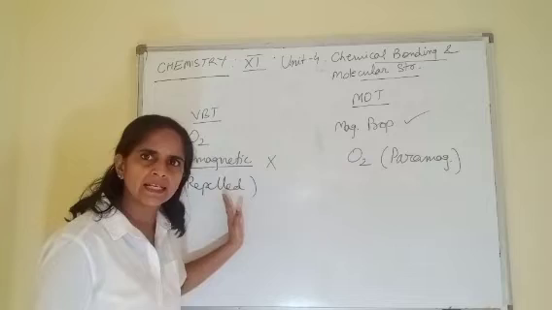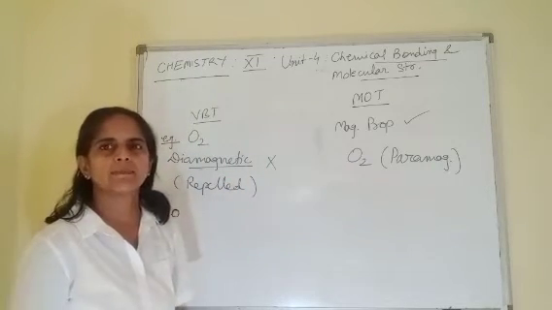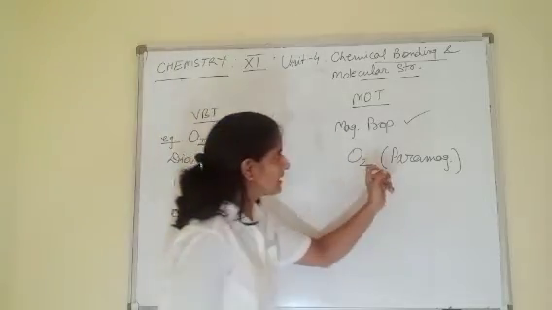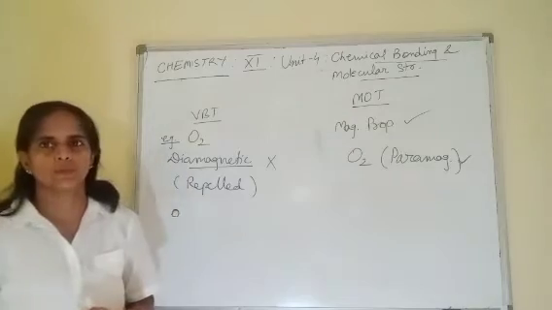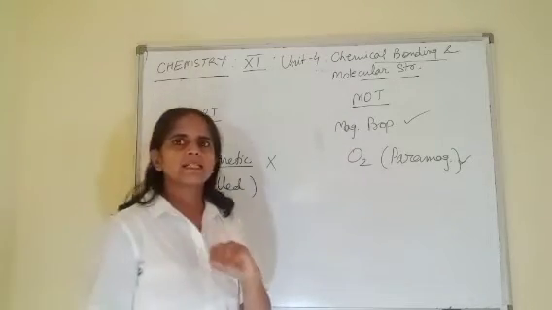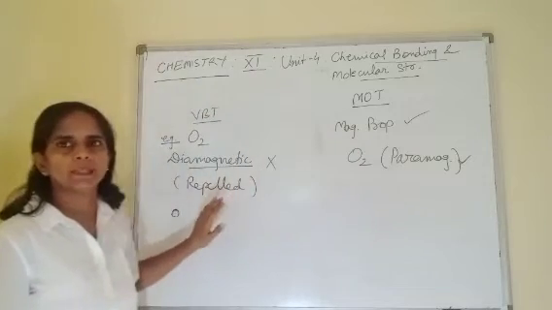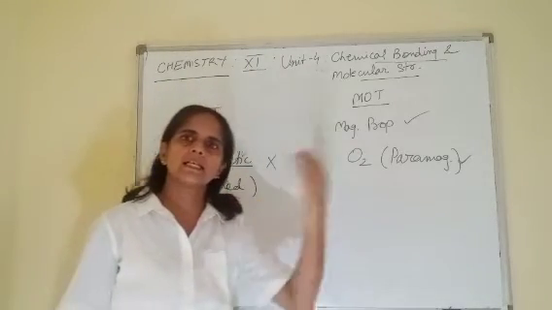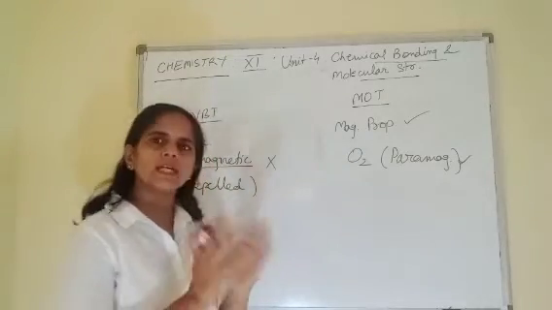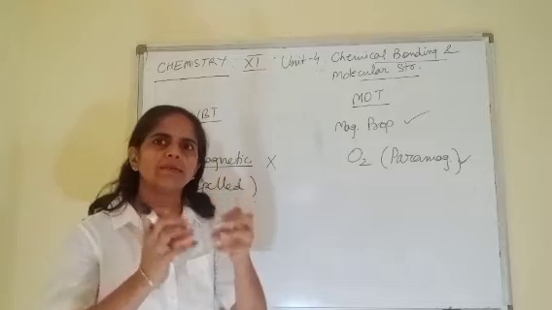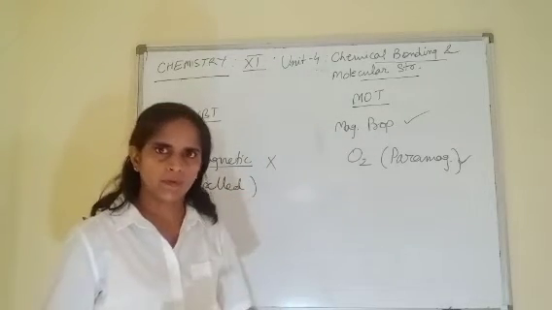Now you can easily guess. Paramagnetism means substances which are attracted by an external magnetic field. And experimentally it is proved that oxygen is a paramagnetic molecule. This paramagnetism of oxygen is explained by MOT but not by VBT. This we will be discussing in detail in this unit, but here we are only talking about some very basic points of comparison of VBT and MOT.